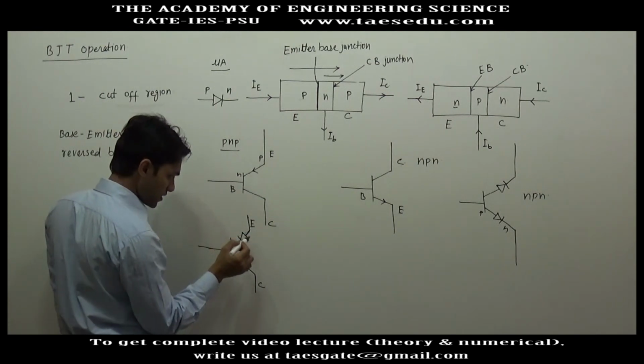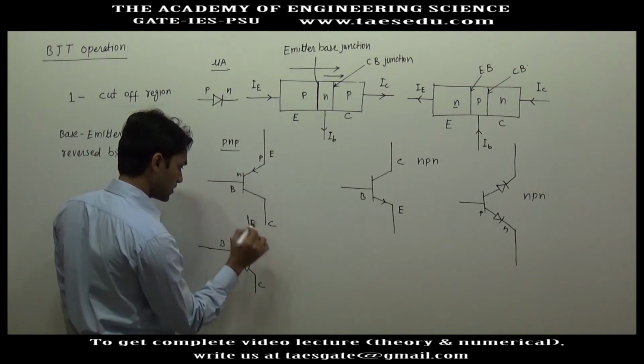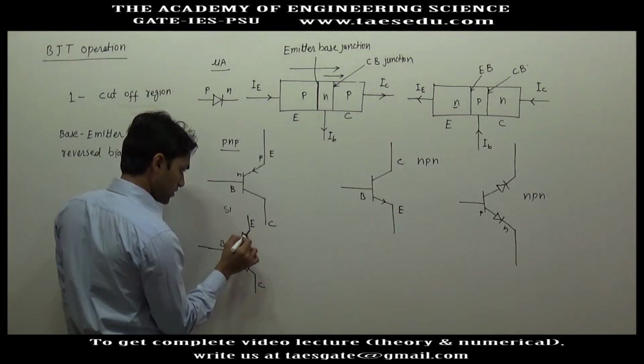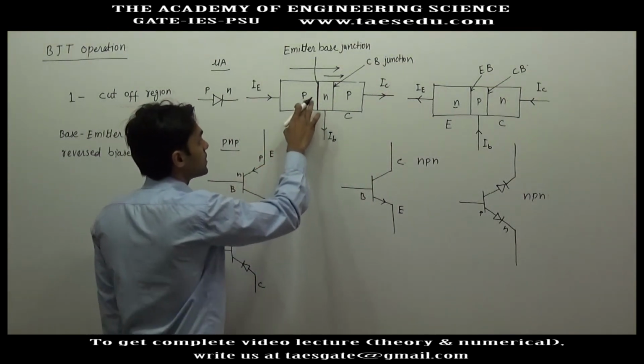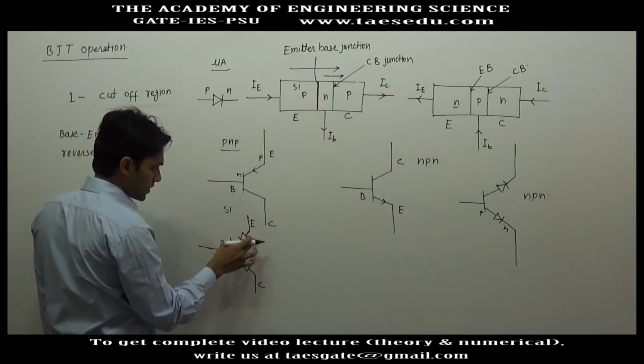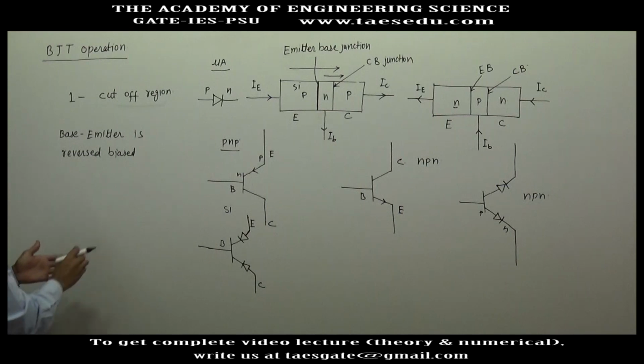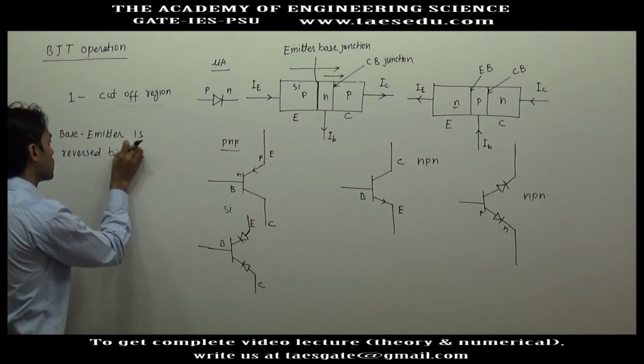If you represent it with a diode, if this is silicon, the material of this p-type material is silicon. So if this is reverse biased, or better to write, the base emitter junction is not forward biased.